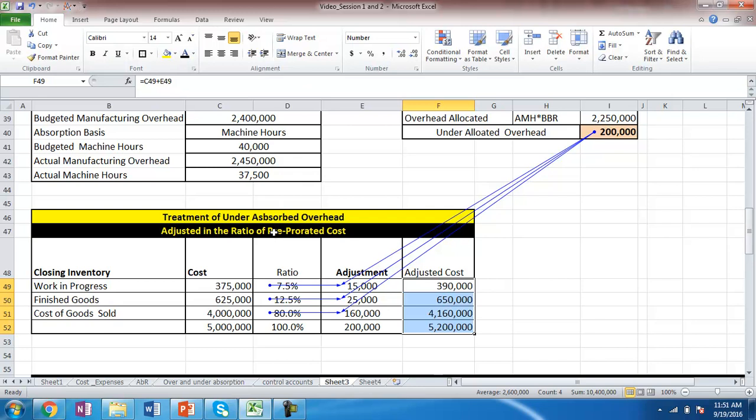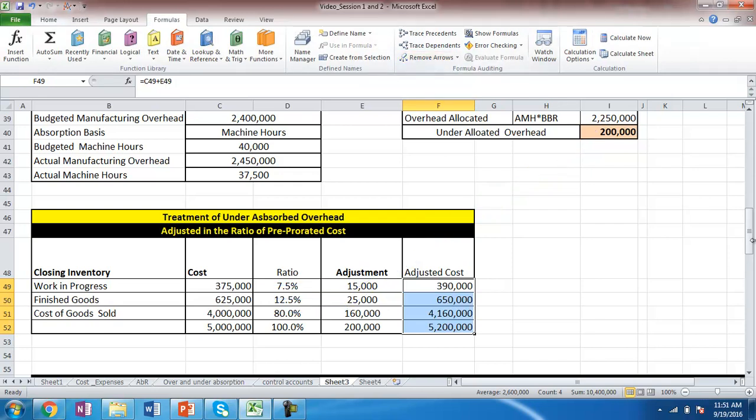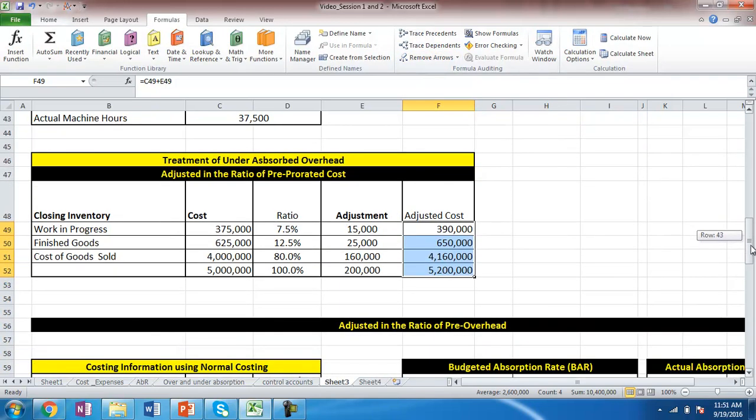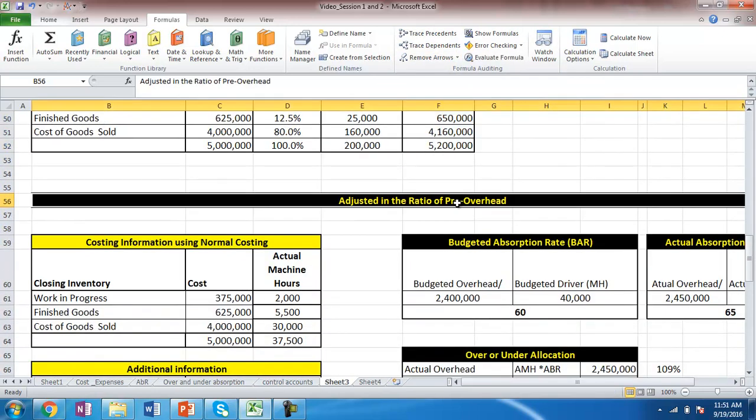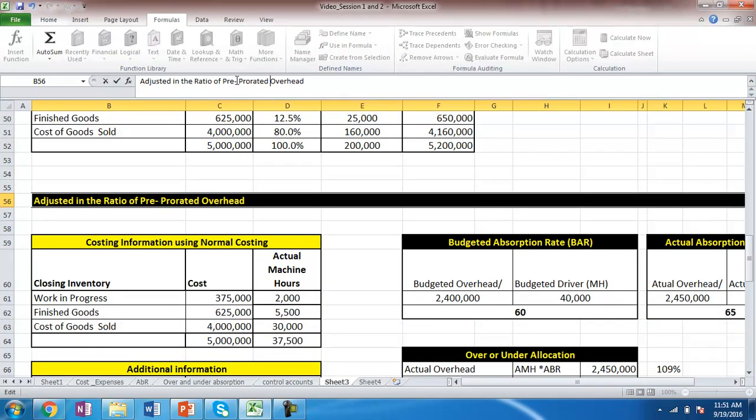So in this case, we adjusted this under allocated overheads across work in progress, finished goods and cost of goods sold in the ratio of the pre-prorated cost. But sometimes it is also possible to adopt another method, adjusting in the ratio of pre-prorated overheads.